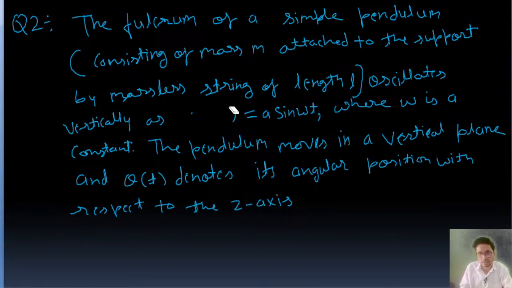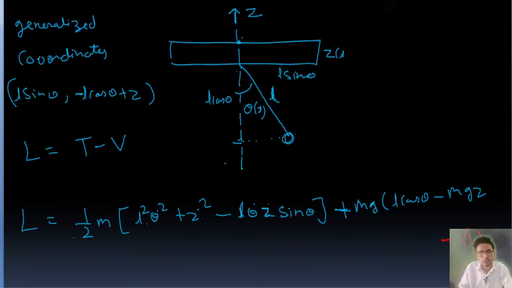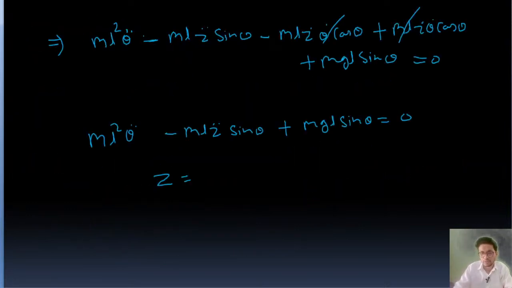In the question this is given, but it is actually z equal to a sin omega t. Now, since z is given as a sin omega t, before that we can simplify it further.